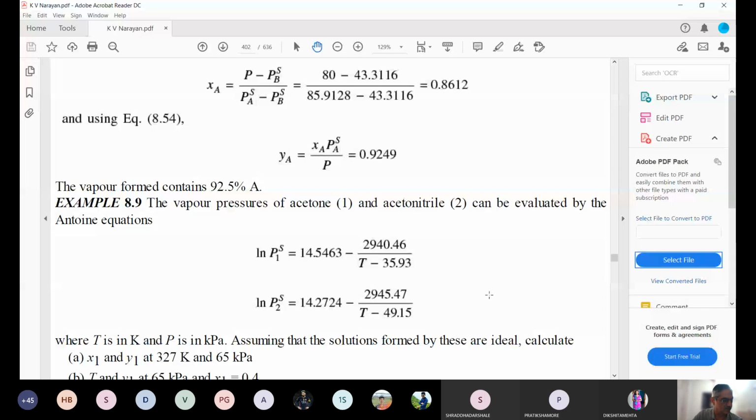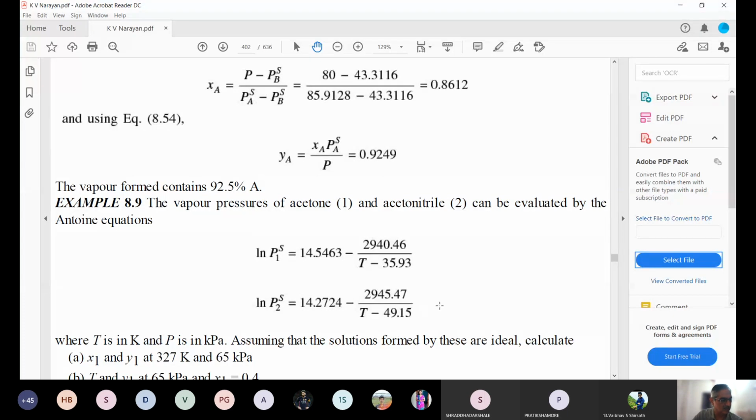Then find out y1. Sir, x1 is 0.5608. Okay, what is y1? 0.7377 sir. 0.7344 आना चाहिए.